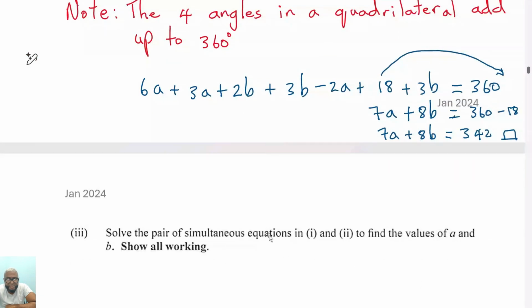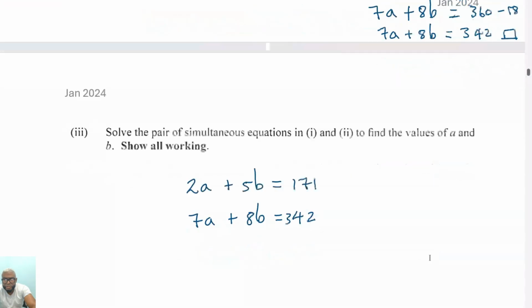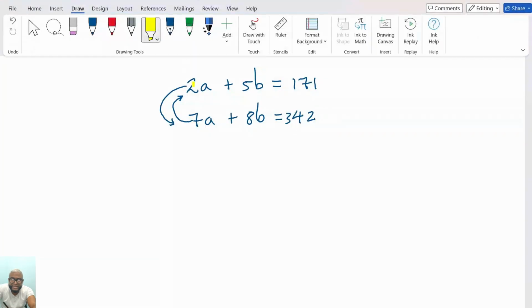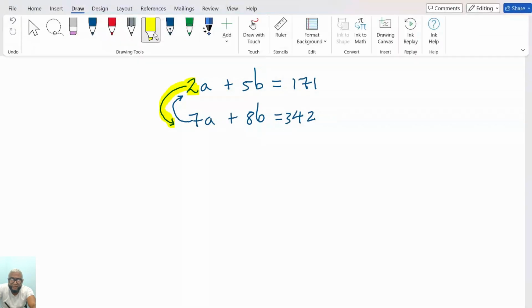We have to solve the pair of equations now simultaneously. Anybody needs to write? So they want us to solve these two equations simultaneously. So what are we doing? You're multiplying 7 by this whole equation, and then multiplying 2 by this whole equation.